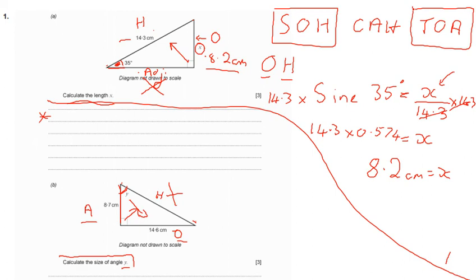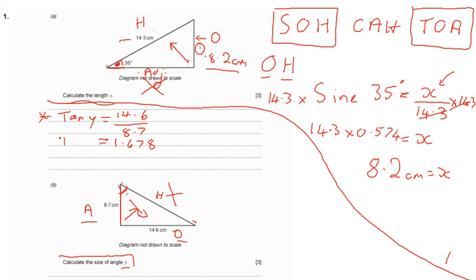So I can say that the tan of y is equal to the opposite over the adjacent, and our opposite is 14.6 over the adjacent of 8.7. So work that out, pop that into the calculator. 14.6 divided by 8.7 is 1.678.